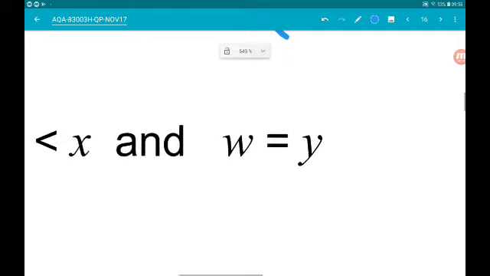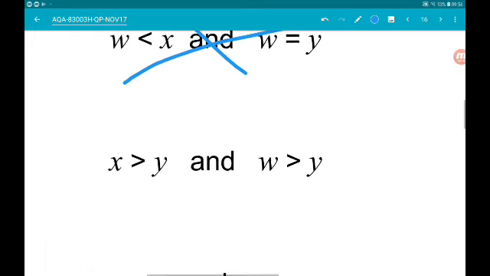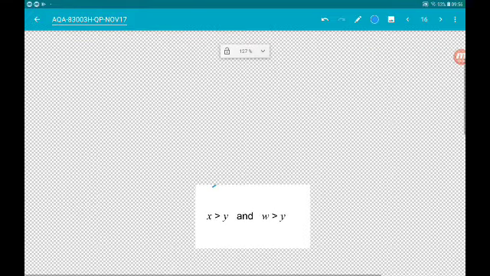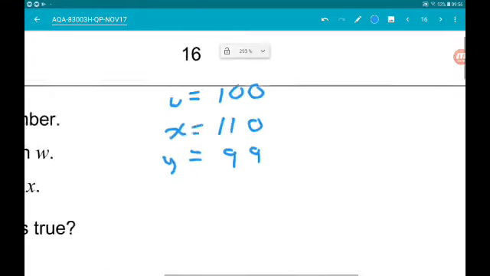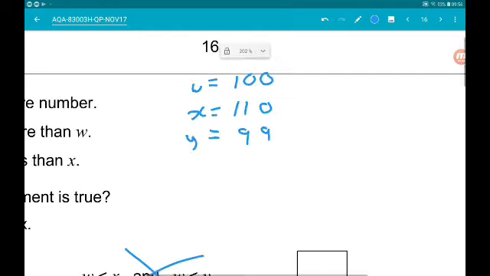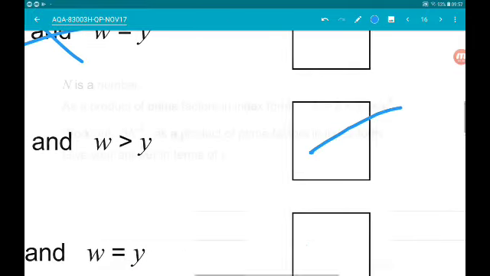W is less than X and W is equal to Y. Nope. X is greater than Y and W is greater than Y. Okay, let's have a look. So X is indeed greater than Y and so is W. So that is our guy.